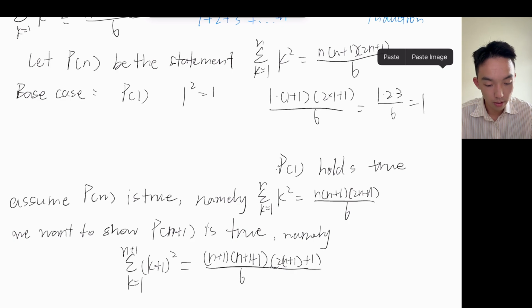Now we assume Pn is true, namely the sum of k squared is this formula. And we want to show Pn plus 1 is true. Namely, we want to show the sum of k squared from k equals 1 to n plus 1 is n plus 1 times n plus 1 plus 1 times 2 times n plus 1 plus 1 divided by 6.